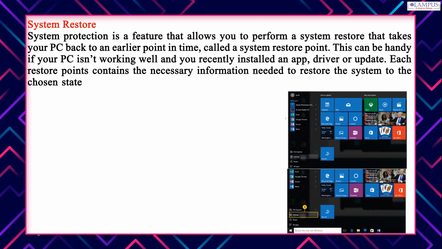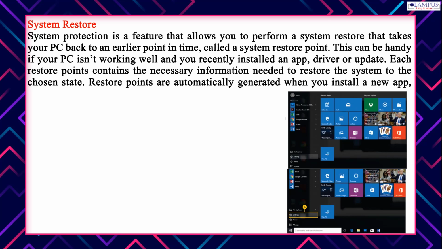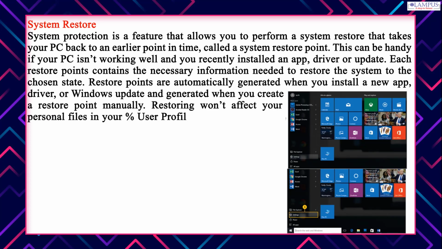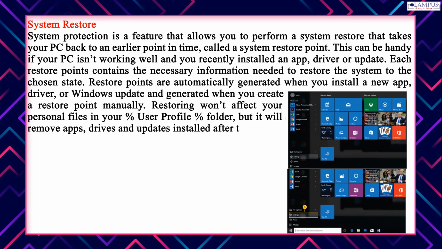Restore points are automatically generated when you install a new app, driver, or Windows update and generated when you create a restore point manually. Restoring won't affect your personal files in your %user profile% folder, but it will remove apps, drivers and updates installed after the restore point was created.